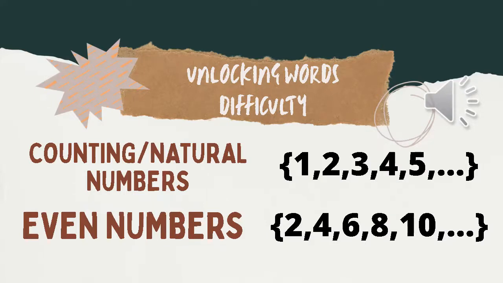Pag sinabi naman nating even numbers, ito naman yung numbers na 2, 4, 6, 8, 10, and numbers na divisible by 2. So, para mas malaman natin kung ano yung even numbers, pwede tayo mag-skip counting by 2. Start tayo sa 2. 2, 4, 6, 8, 10, up to infinity.